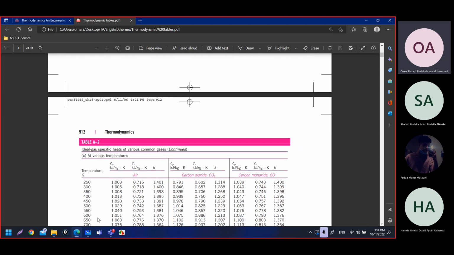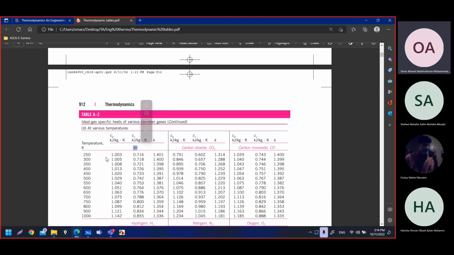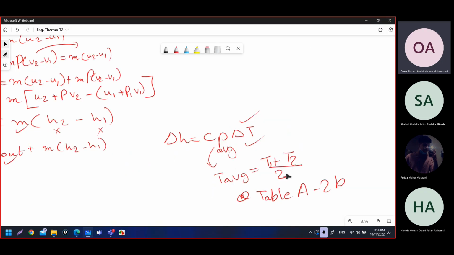But here we have two temperatures, and I have air as my gas in the question. So I will use T average, which is equal to 25 plus 77 over 2. And this will give you 51 degrees Celsius.